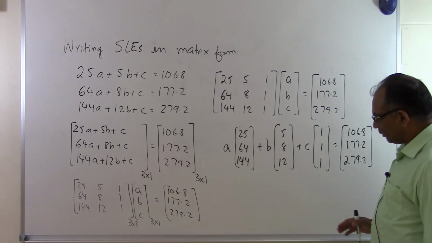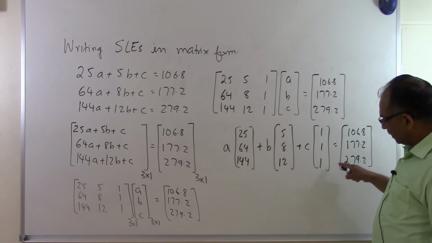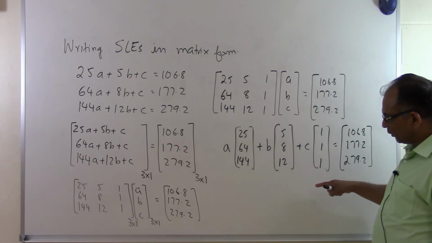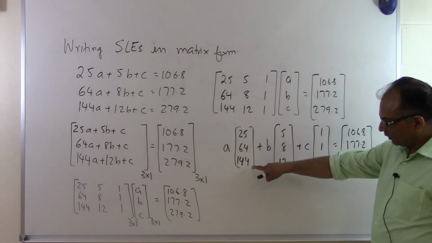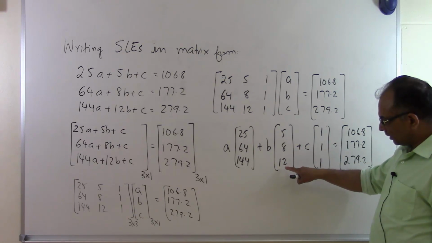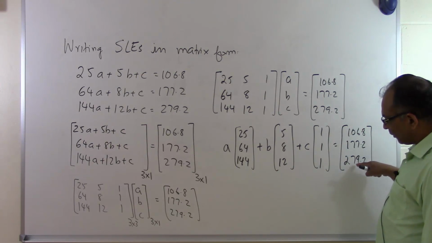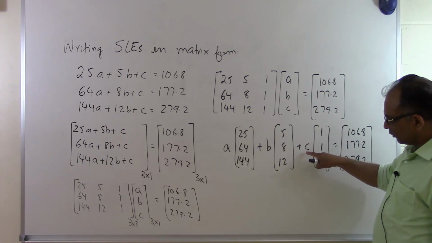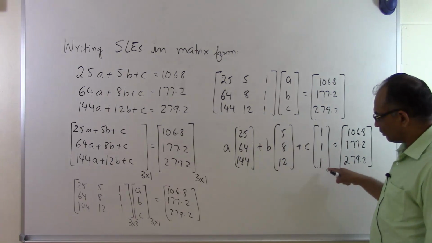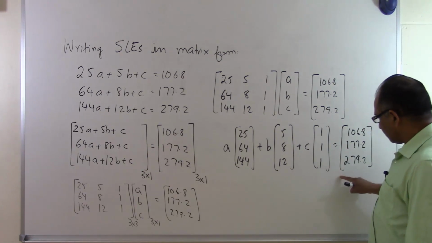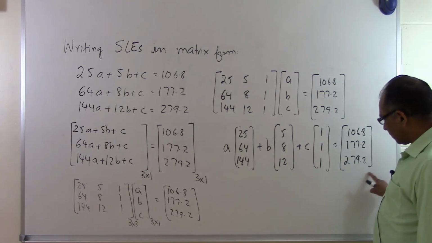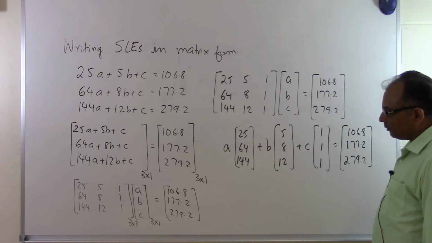So you can look at these three equations, three unknowns, as a linear combination of 3 column vectors equal to this column vector, and whatever values of A, B and C satisfy this linear combination will be the solution for A, B and C.